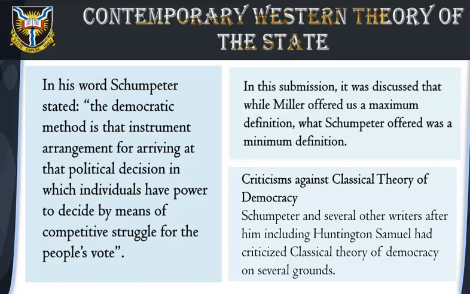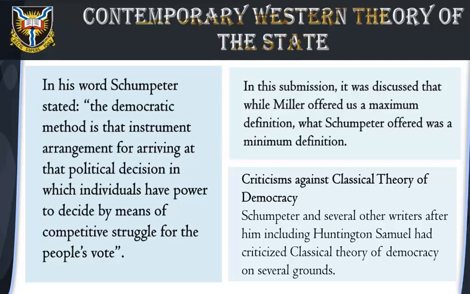In his words, Schumpeter stated, "The democratic method is that institutional arrangement for arriving at political decisions in which individuals have power to decide by means of a competitive struggle for the people's vote." While Miller offered us a maximum definition, what Schumpeter offered was a minimum definition.